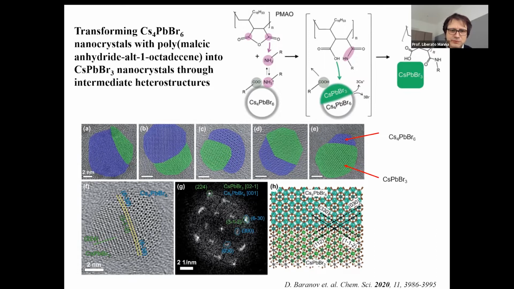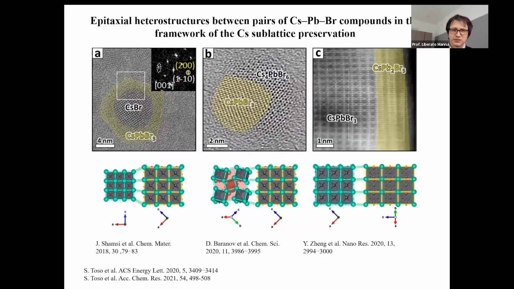The structural transformation is guaranteed by the continuation of the cesium cation framework in these two materials. So you get intermediate epitaxial heterostructures.